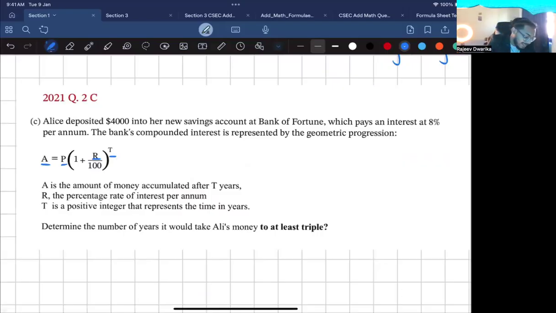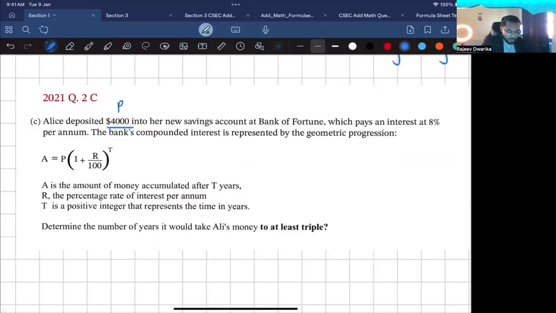Kira, if she deposits 4,000, and that's the amount of money she put in the bank originally, yes or no? Yes. And so 4,000 will be the principal value, meaning that's the original amount of money she put in. So we have the principal value P.